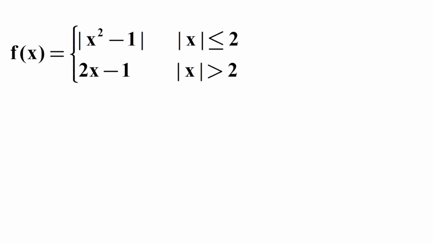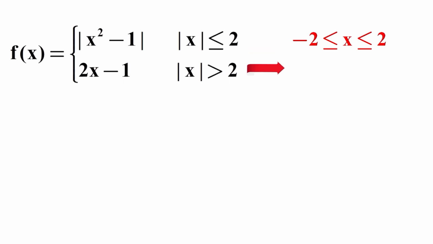Let's solve this problem together. First, let's rewrite the function in this form. In the first part, we have the absolute value of x squared minus 1, and we can rewrite the absolute value of x is less than or equal to 2 as x is between negative 2 and 2.